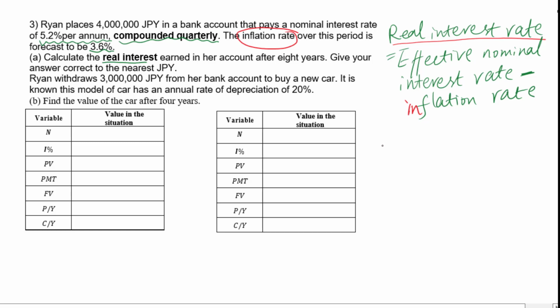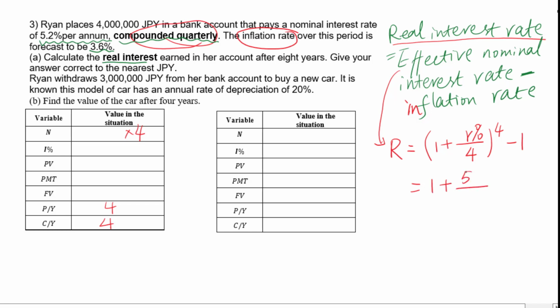For the effective interest rate, I use capital R equals. Since this is compounded quarterly, K is 4, then multiply by 4 here. R equals 1 plus nominal annual interest rate over 4, to the 4th power, minus 1, which equals 1 plus 5.2% over 4, to the 4th power, minus 1. Go to calculator.